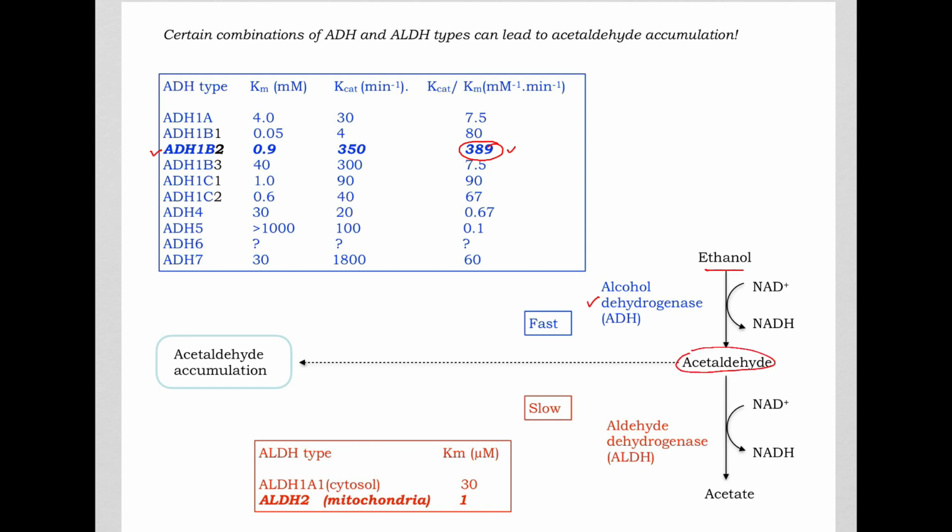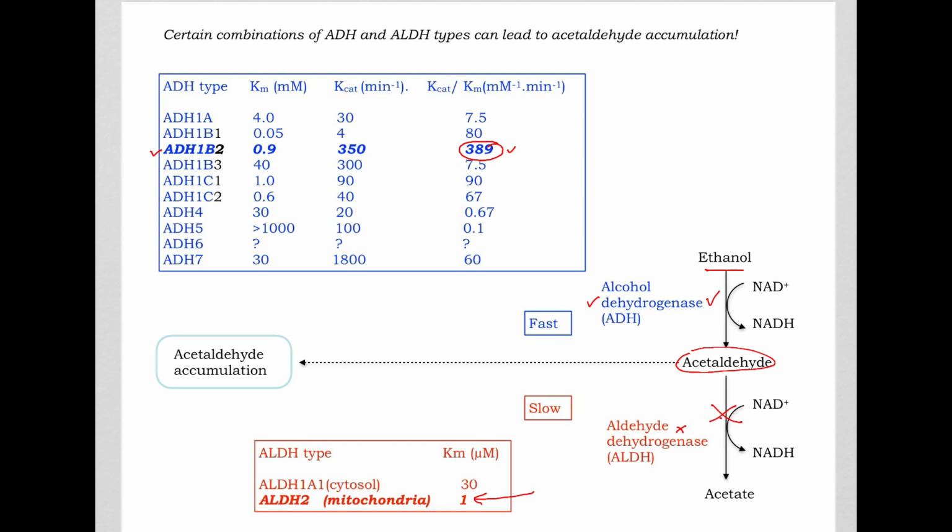So if you had that enzyme, you would metabolize ethanol to acetaldehyde very fast. In addition, if you had an ALDH2 variation where it is very ineffective, then this step is going to be very slow. So very fast first step, very slow second step.